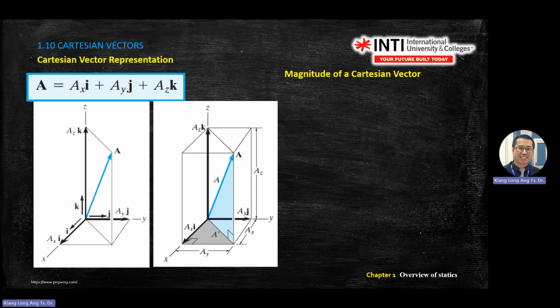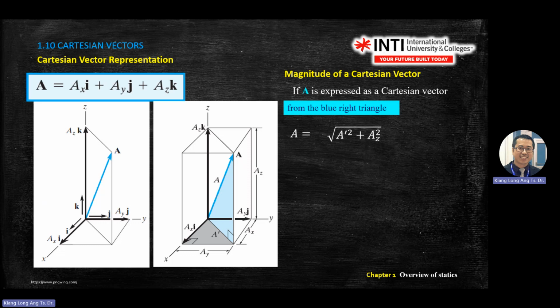Why can you use square, square, square? I start with the blue rectangular. It is this one. You split, right? So blue rectangular. How do you get the rectangular magnitude? A square equal to this square plus this square.